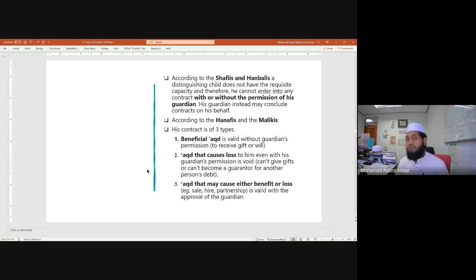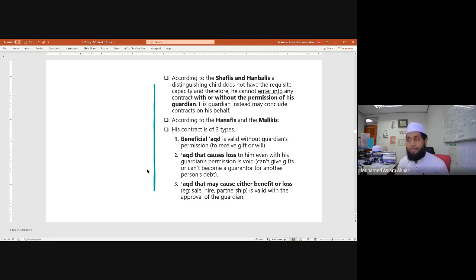He cannot do that, because this kind of thing will cause him the loss. Sharia wants to protect the interest. Once he becomes baligh, once he becomes a major, it is up to him. He can do whatever he wants. But right now, he's not a major. That's why an aqad that causes loss to him cannot be done.